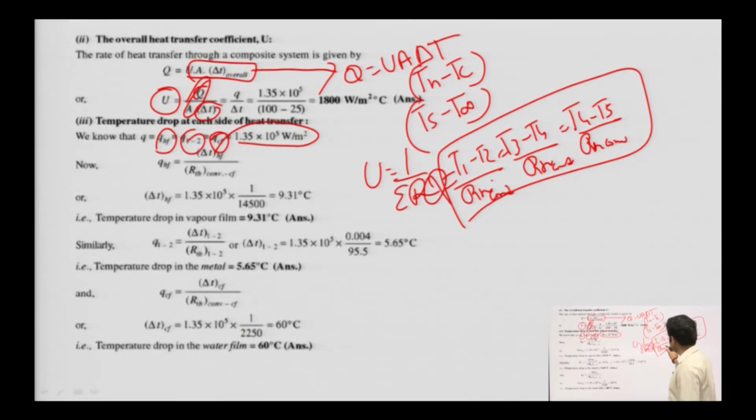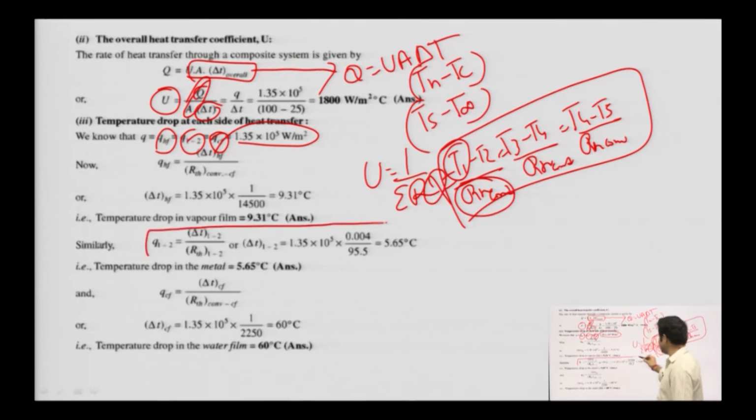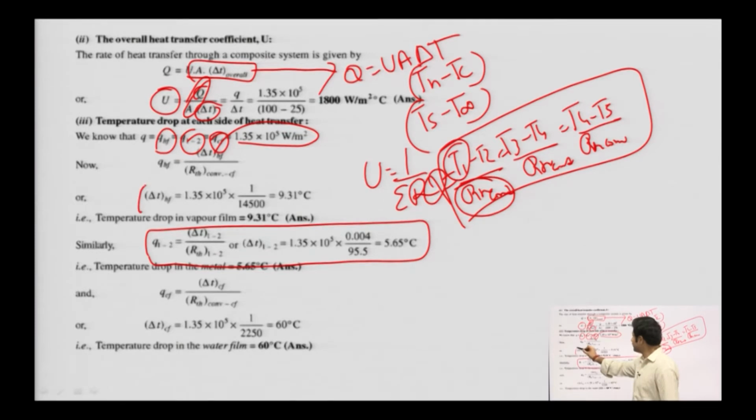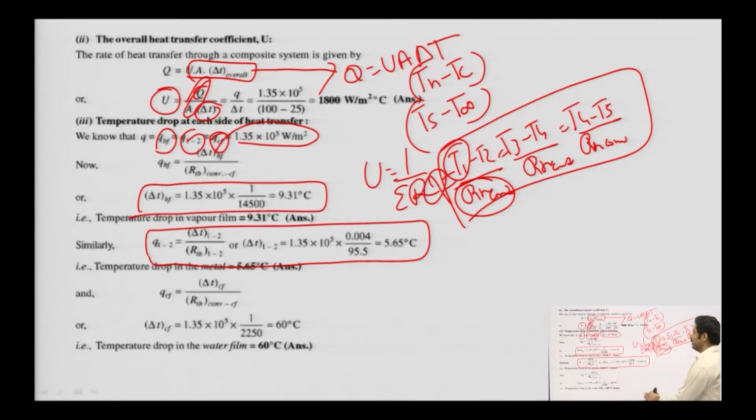The only thing is that you need to either calculate RTH separately and find out the temperatures, and whatever is asked you can do it like this. Here also we have done the same thing. Q12 is just the simple mathematics that they have done, delta T over RHF, and then the temperature drop in the metal they have calculated as 5.65 degrees Celsius.